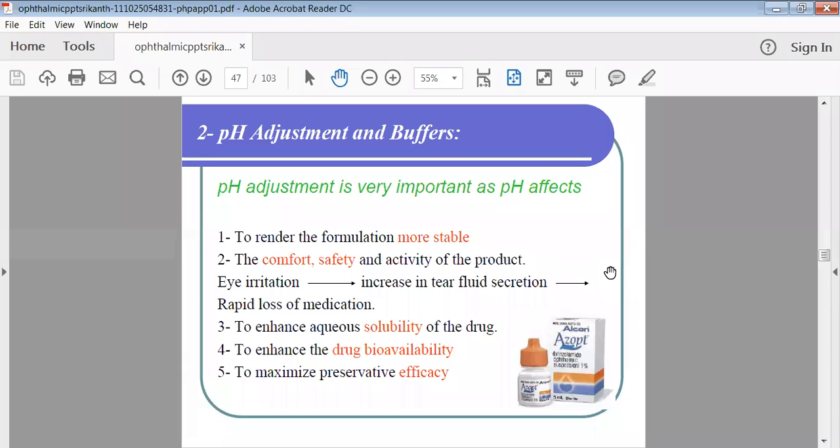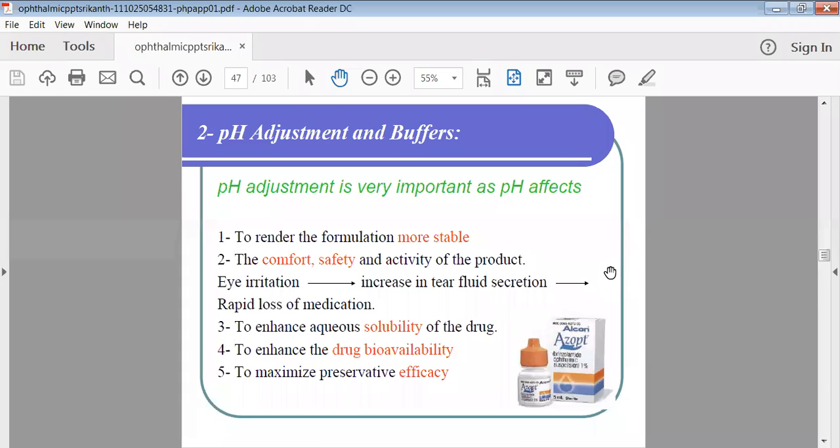Suppose the pH is beyond or below 7.4, then it can also cause irritation to your eyes. The required pH is 7.4, which is the pH of your tear. Sometimes pH may change, and then it may cause irritation. To avoid that pH change, we add buffering agents, which avoid possible irritation of your eyes.